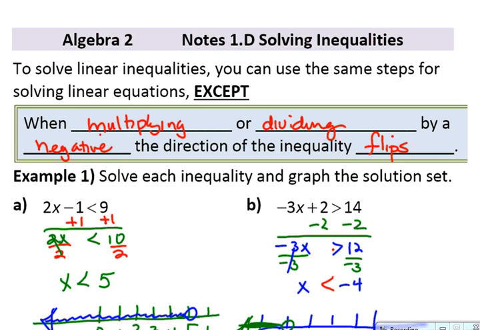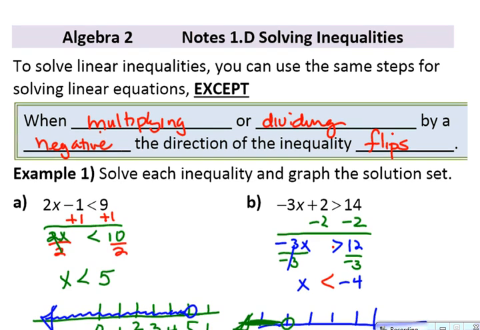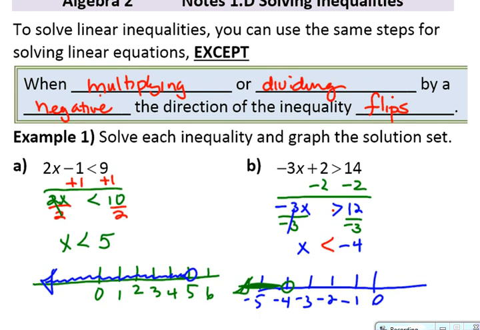For example, 1A, it's true in the situation where the numbers are less than 5. So it's true for all the blue lined numbers there. And in B, it's only true sometimes, which are the numbers that are less than -4.